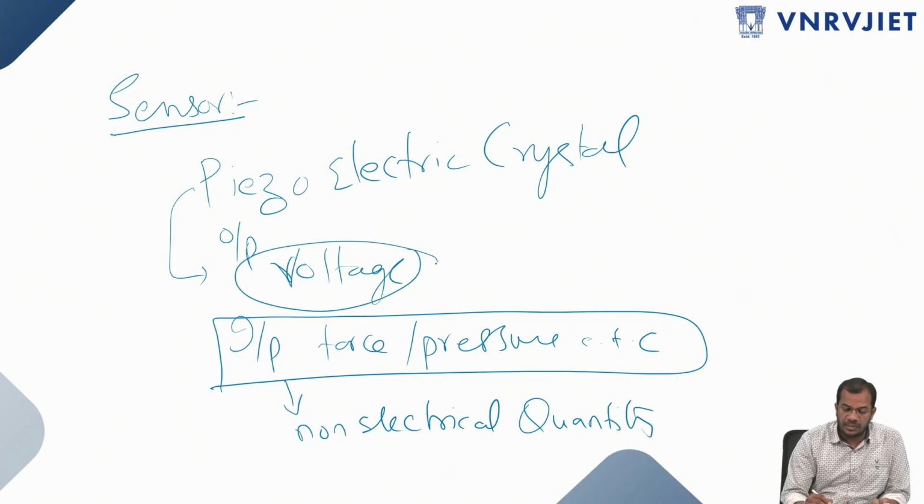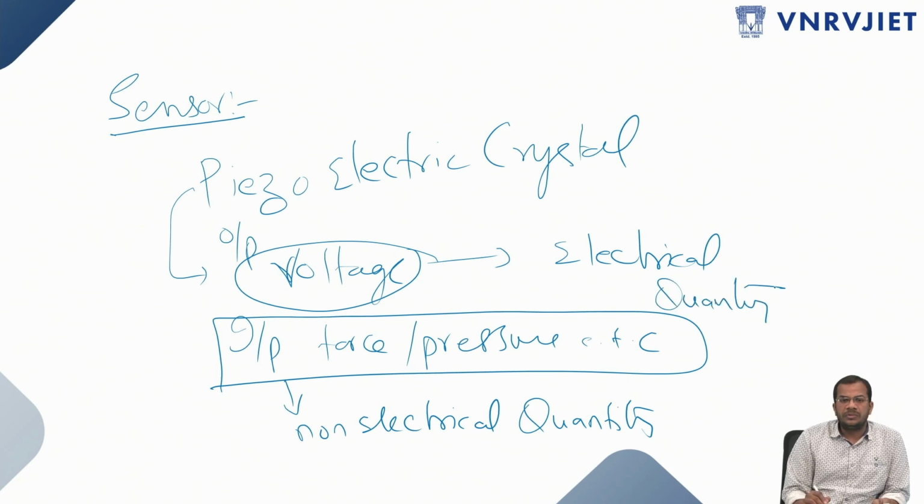And here the output acts as an electrical quantity. So this is what we mean by sensor or a transducer. Not all sensors are called as transducers. Not all transducers are called as sensors. There is a little bit of difference. This is the second part of an analytical instrumentation.